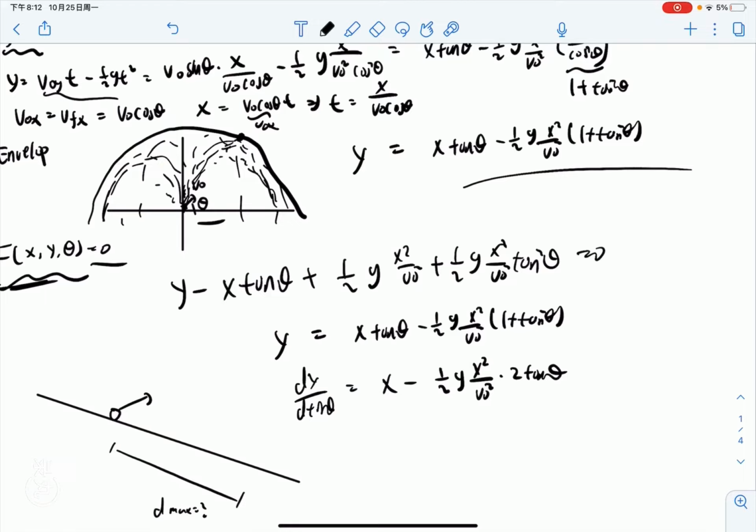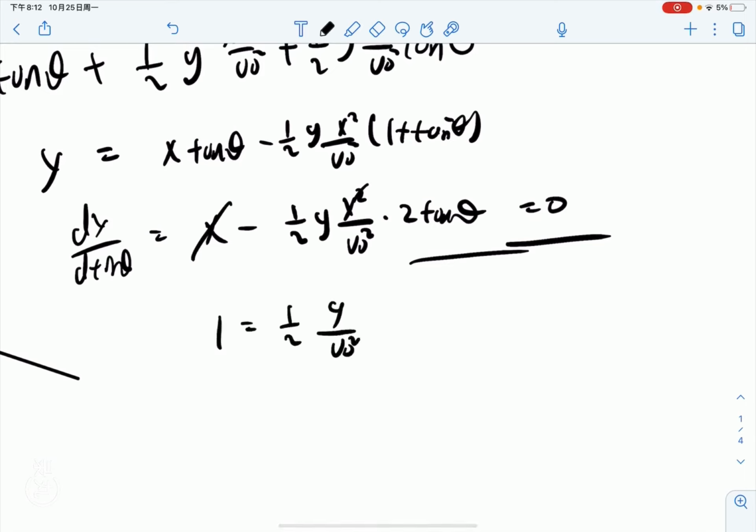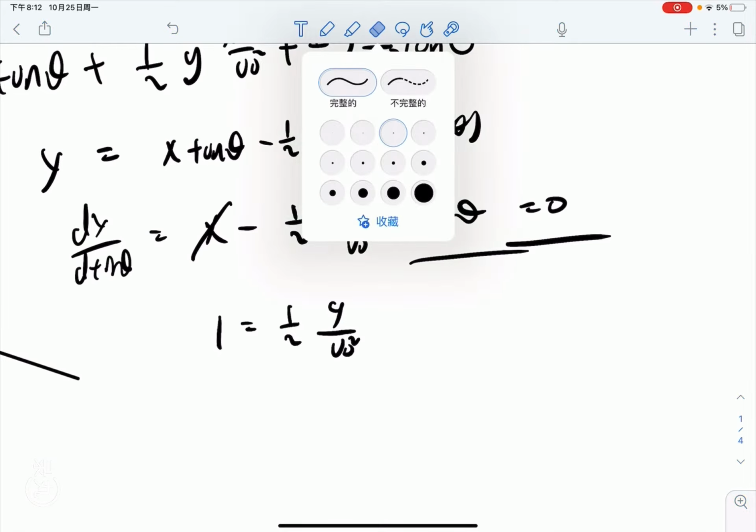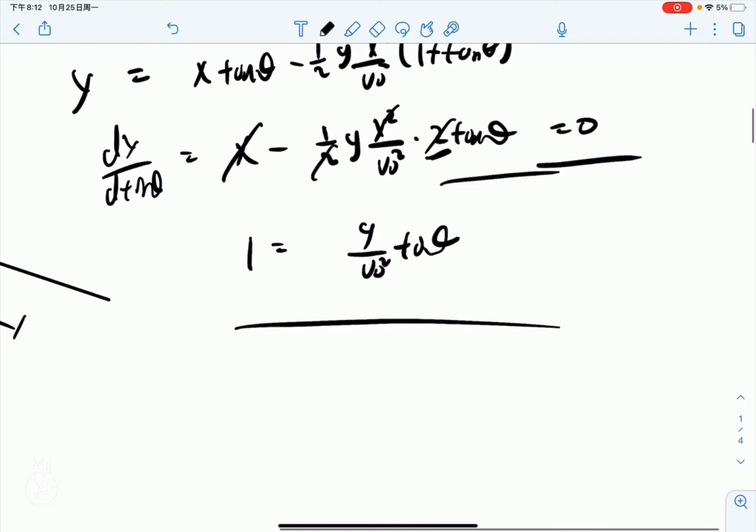Okay, I get it now. So you set it to 0, so you can find the value of tangent. Divide by x, and the 2s cancel. So now tangent is basically v0 squared over g x.